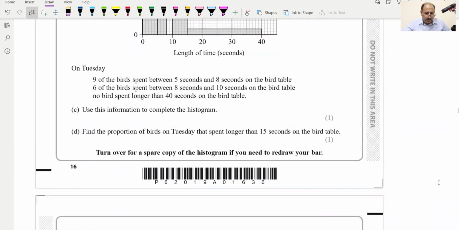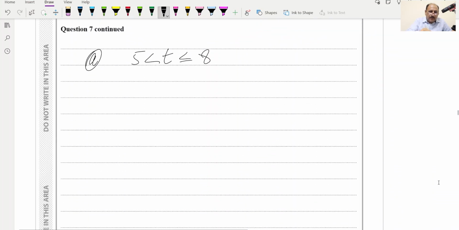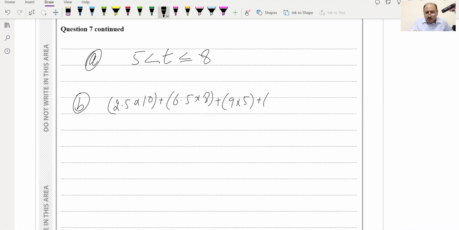So over here in B part we will be writing the values 2.5 into 10, plus next will be 6.5 into 8, plus 9 into 5, plus 12.5 into 3, and plus next value is 22.5 into 2, frequencies 2, and divided by the sum of frequencies, which is 28.